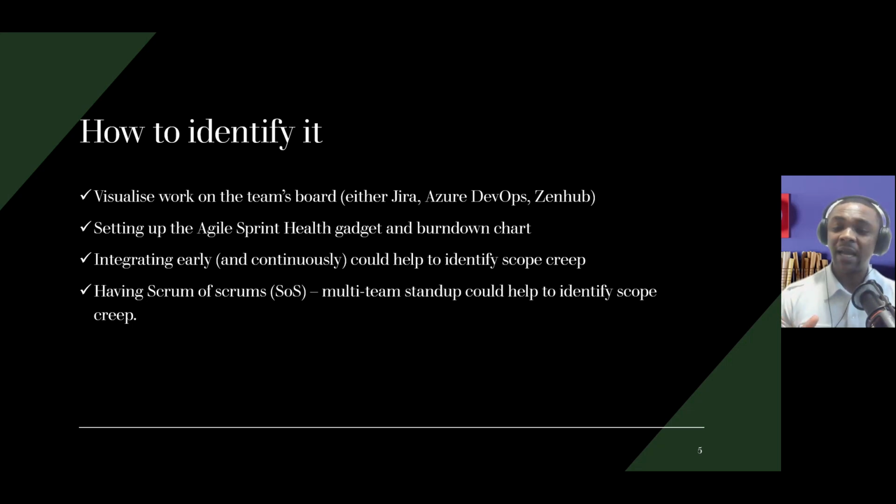Scrum of Scrums is a kind of stand-up meeting where Scrum Masters from different teams, or a representative of a different team, give an update of what the team is working on. Through that scenario, the other teams or even the department as a whole can detect when scope creep is creeping.